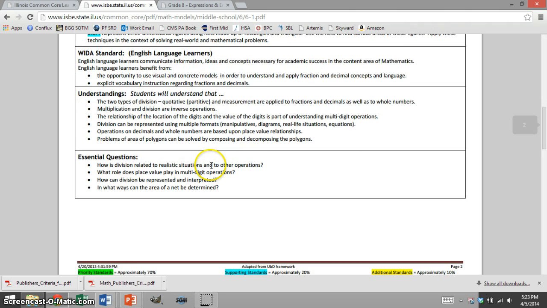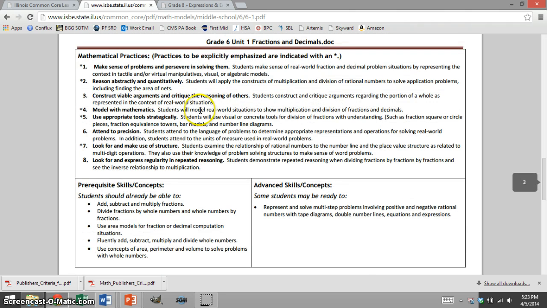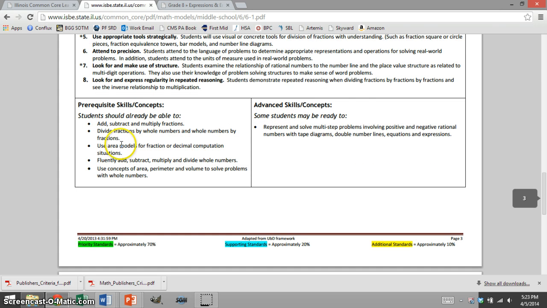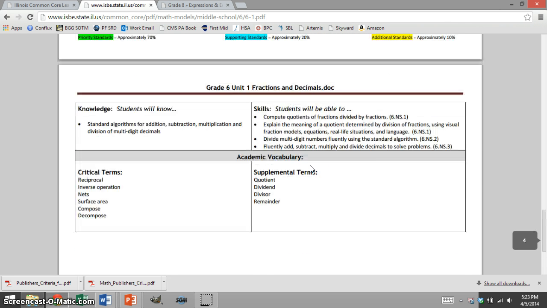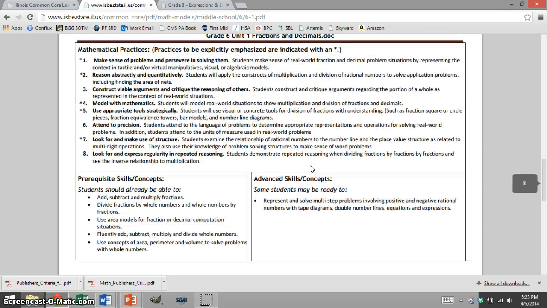This is your conceptual understanding. Essential questions, mathematical practices, prior knowledge and advanced knowledge, and then what's a knowledge level versus a skill level. So here's procedure and vocab. So it's all the same stuff that's involved in these unit maps that are on the ISBE website, just kind of rearranged differently. All right, so now we're headed to assessment.